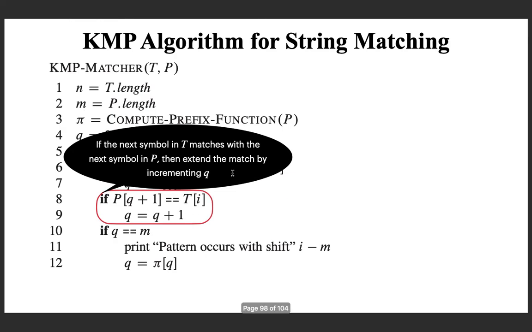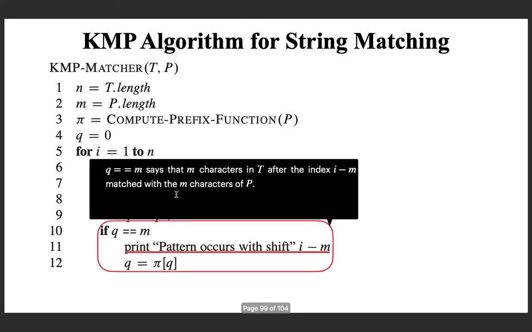And if a match occurs, you know that you have to increment the value of q because the matched string can be extended, and you can keep on doing it. And when q becomes m, that means you are getting a prefix of length m in the input text. That means you found a matching. So what you do, you say that now I found a matching.